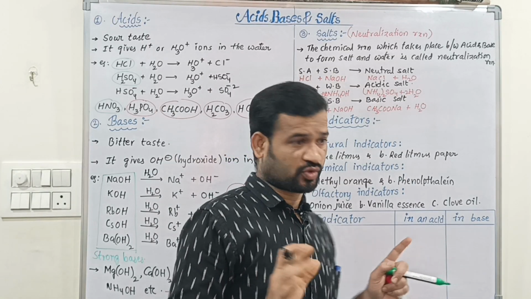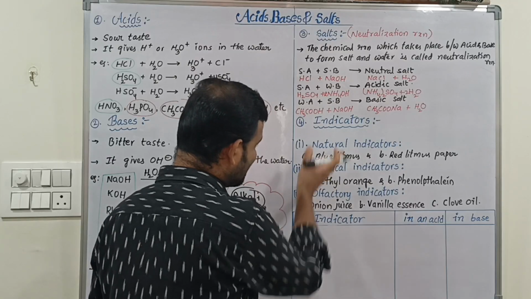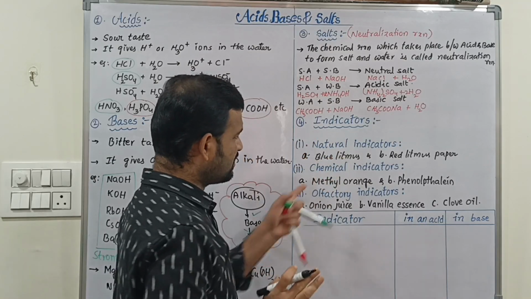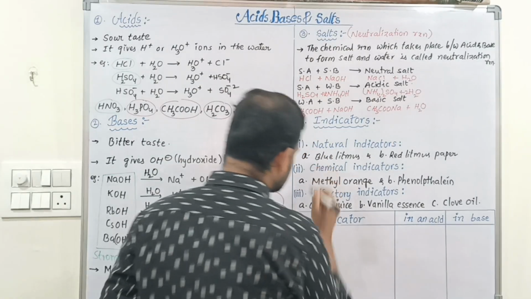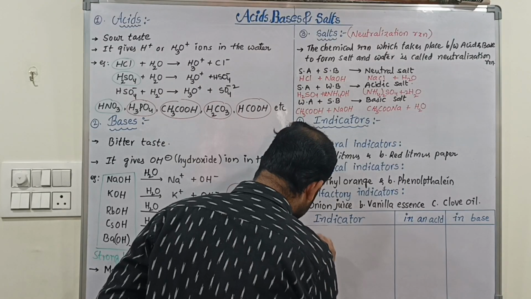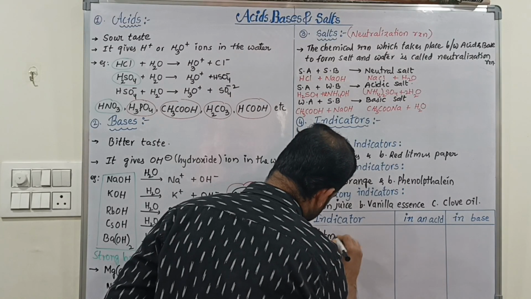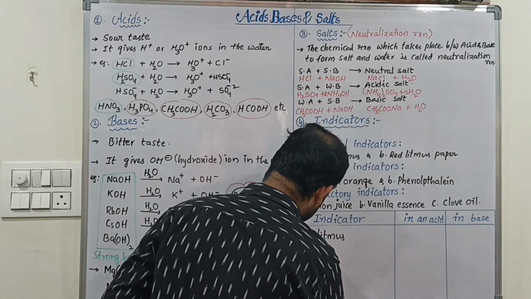This is very, very important. Here the important indicators are natural indicators and chemical indicators. Natural indicators: first blue litmus paper, and second red litmus paper.